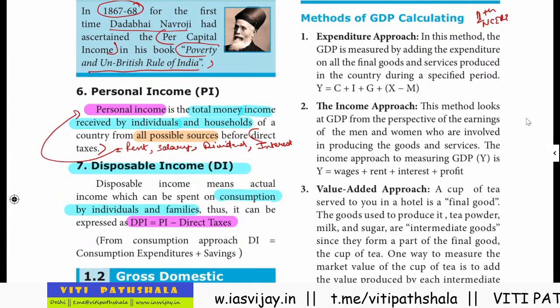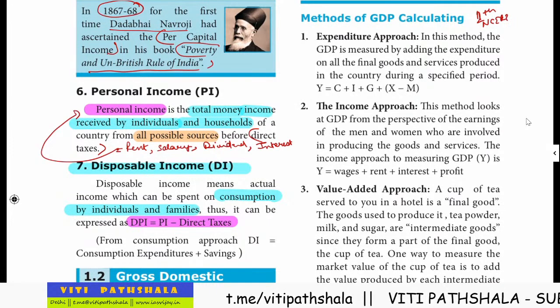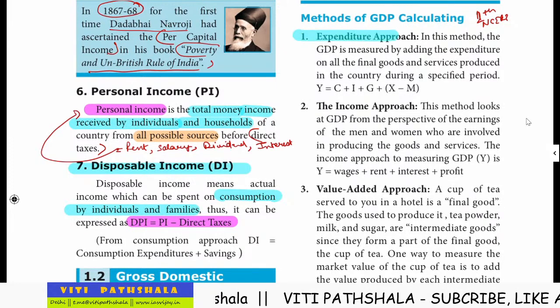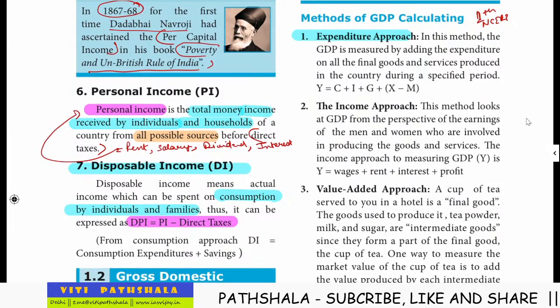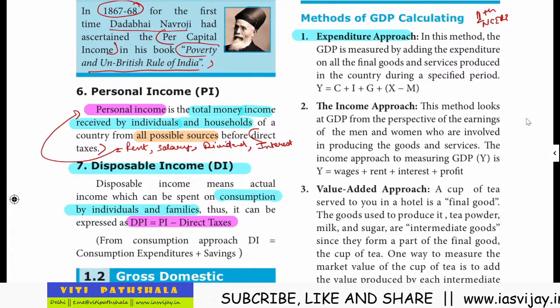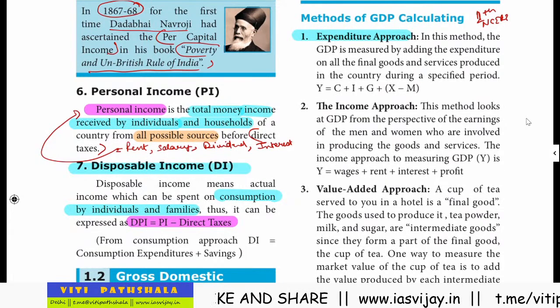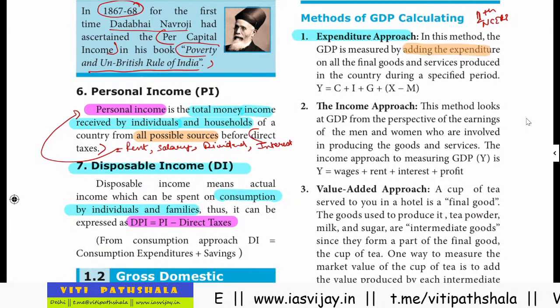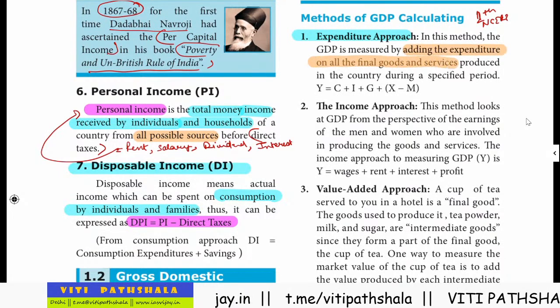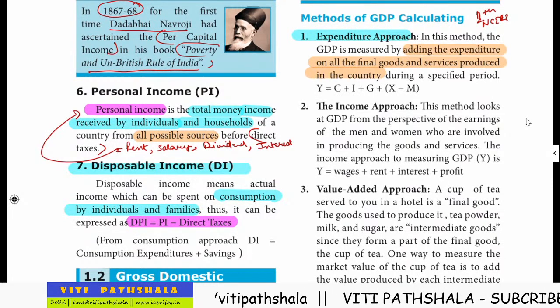Now, first comes the expenditure method. In this method, GDP is measured by adding the expenditures on all final goods and services produced in a country.